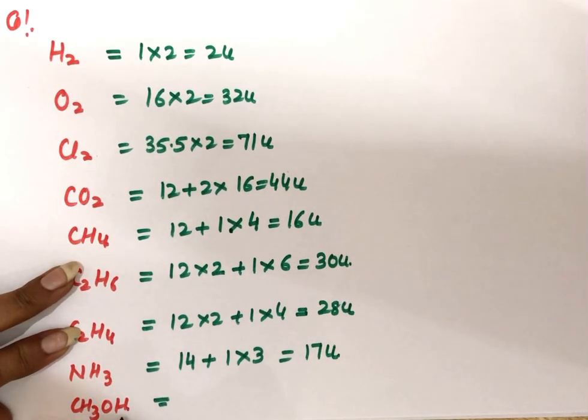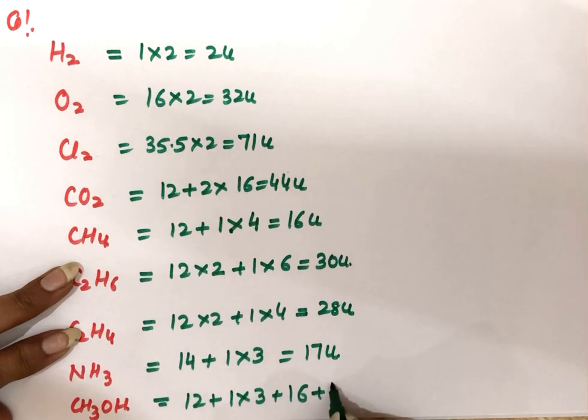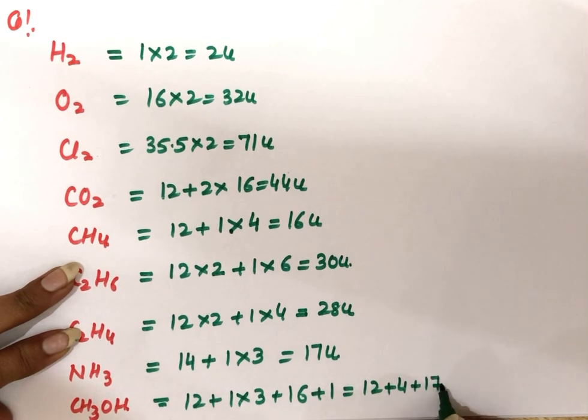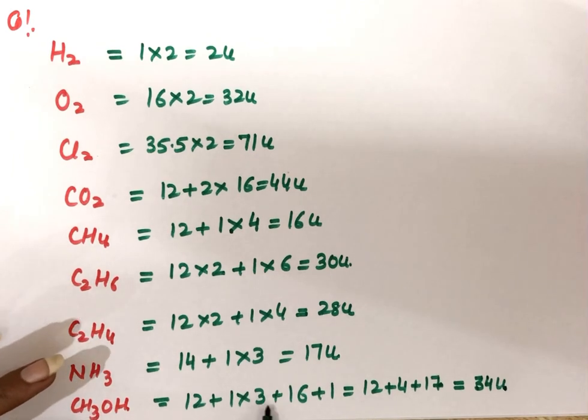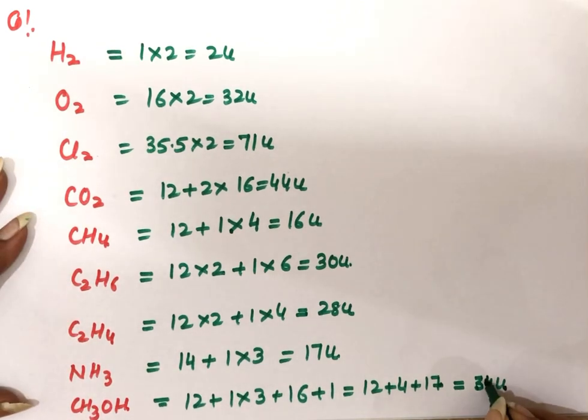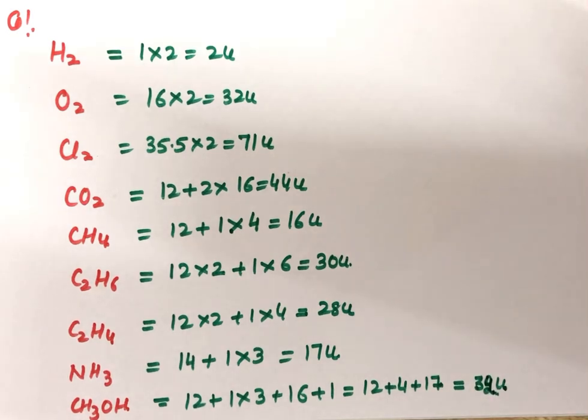Methanol, CH3OH: carbon 12 plus 1 into 3, to this 16 oxygen plus 1. So this is 12 plus 3, 15, and to this 17 we are adding. So this is 32. 32 U is the molecular mass of methanol.